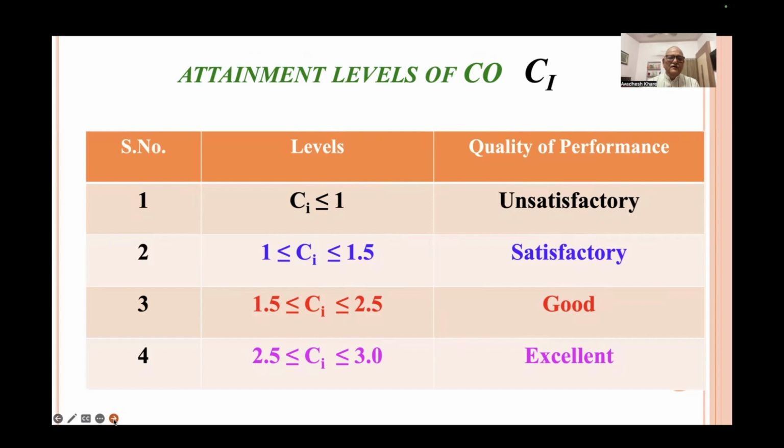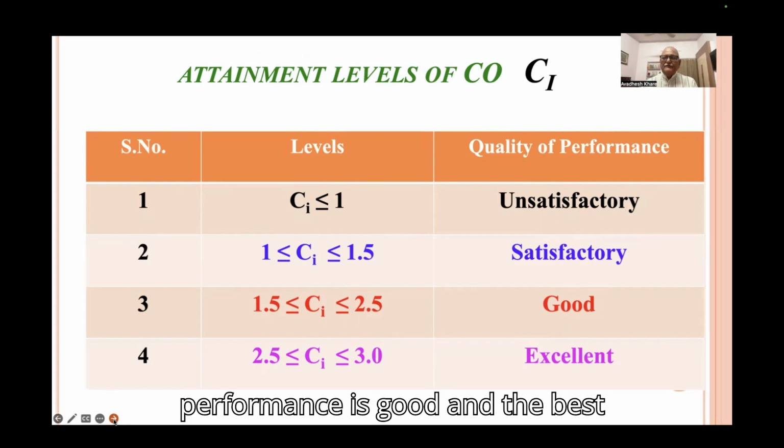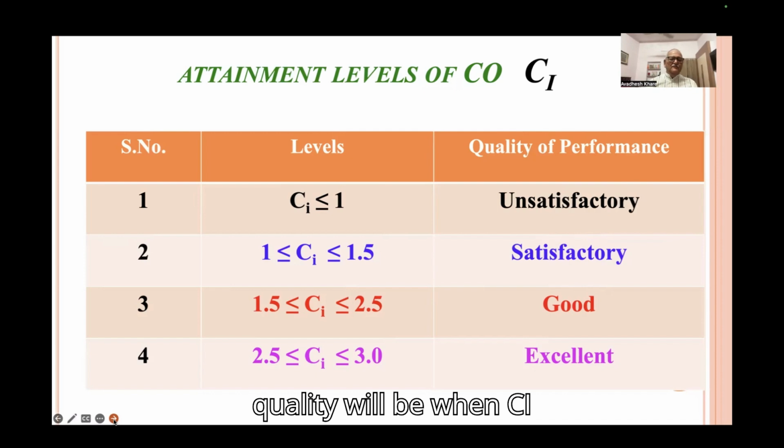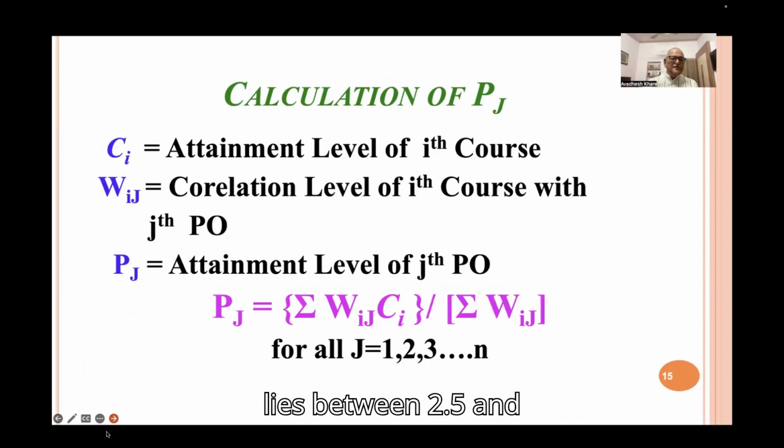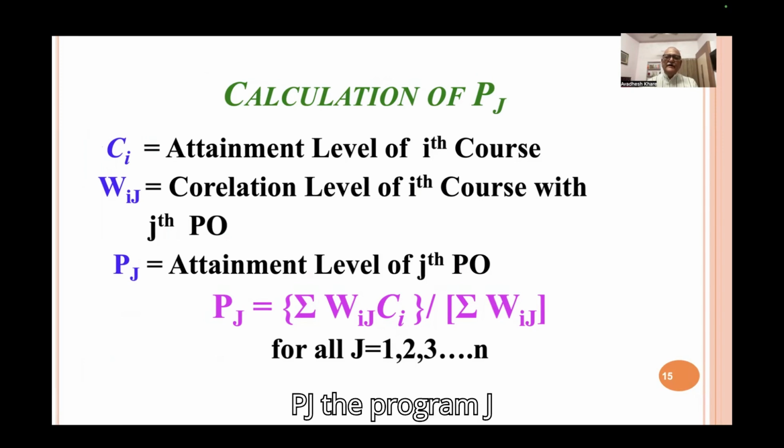If it is between 1.5 and 2.5, it is still better, and we will say that the quality of performance is good, and the best quality will be when CI lies between 2.5 and 3.0. It is excellent.